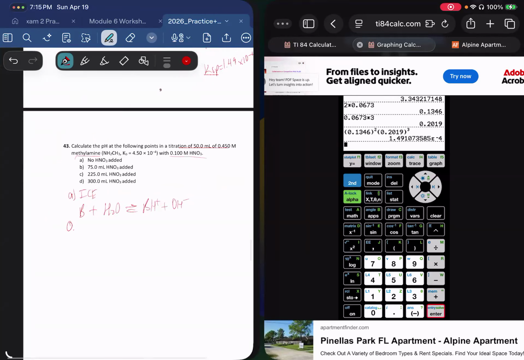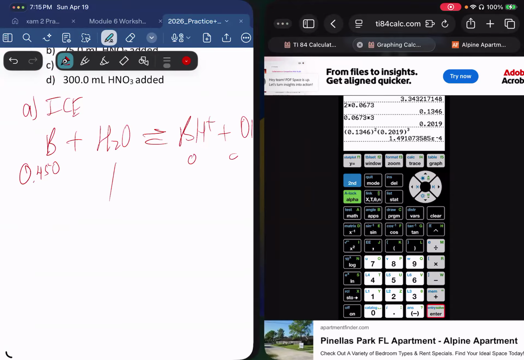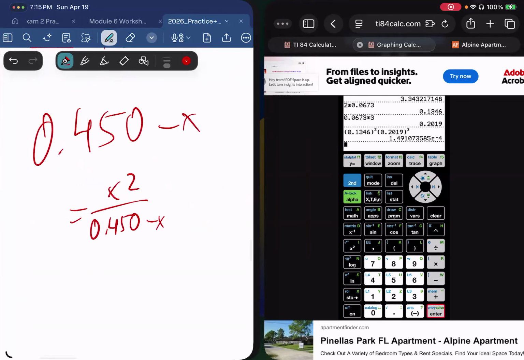So 0.450, this is water, 0 minus x, plus x, plus x, and then 0.450 minus x. Then you do x squared over 0.450 minus x equals Kb, which is 4.50 times 10 to the negative 4.